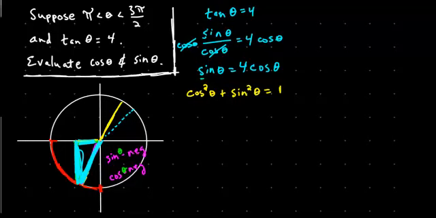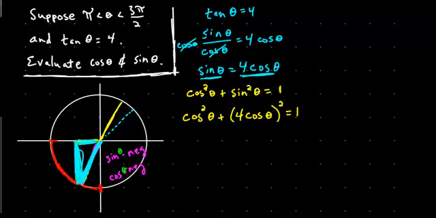But here we've got that sine theta equals 4 cosine theta, so I can replace sine theta. Now I get cosine squared theta plus 4 cosine theta squared equals 1.